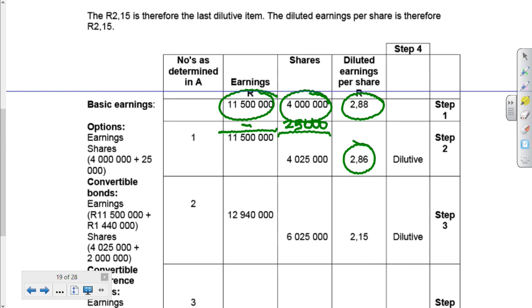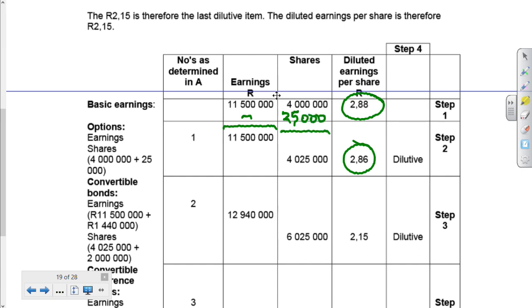Okay, I carry on. Now I add, I think it was 1444, wasn't it? And I add 2 million on that side. Or was it 1440? 1440. Sorry, let me just rub out there so that I can actually see. So over here I added nothing and I added 25 for the options, and I got that.